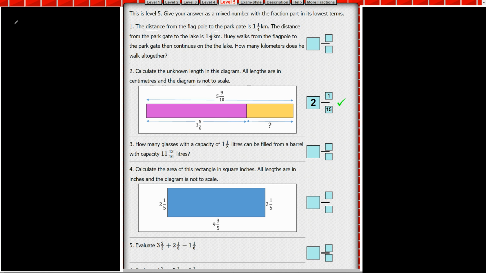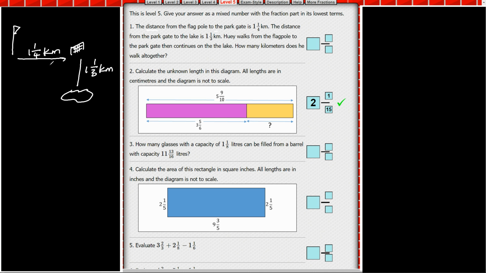So I got a flagpole and I got a gate, and the distance is 1.25 kilometers. The distance from the park gate to the lake, okay, and I got a lake, is 1.25 kilometers. Huey walks from the flagpole to the park gate and then continues to the lake. How many kilometers does he walk altogether?